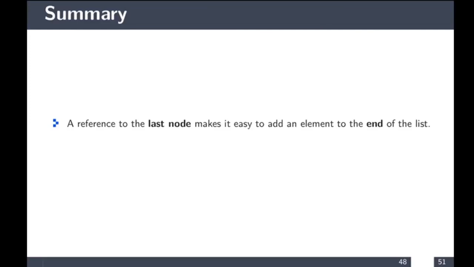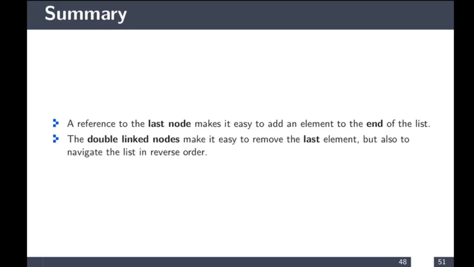Okay, so we've seen that having a reference to the last node was an easy way to accelerate the method add last. We've seen that having a reference to the last element was not enough to accelerate the method remove last. For this, we needed to have doubly linked nodes.